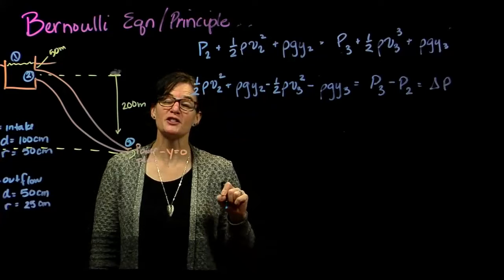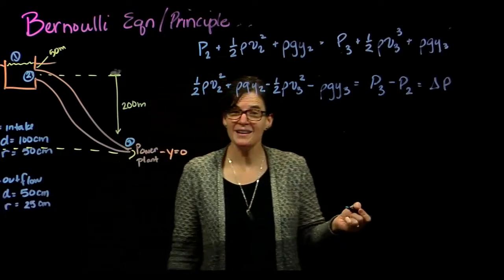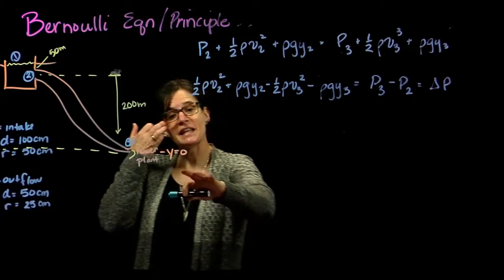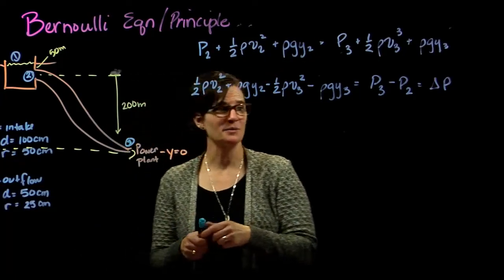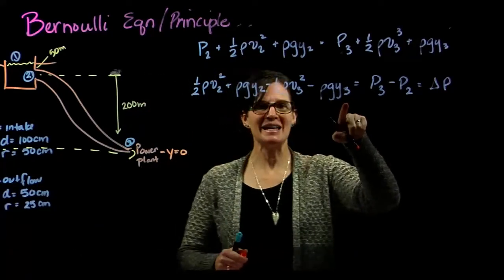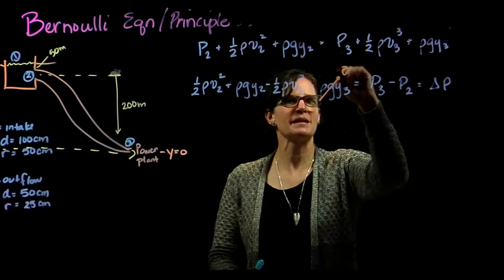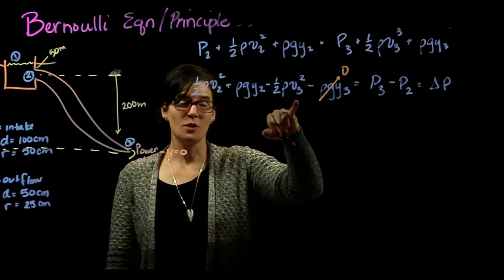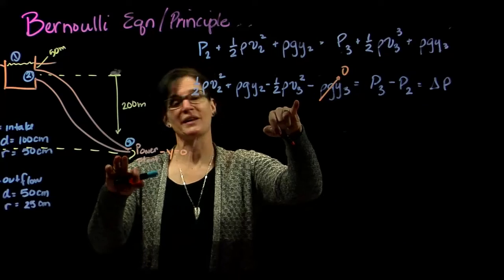All right, so now let's look to see if any of these terms go away based on how we've set up the problem. Well, we've set our reference point 0 at the bottom, so that tells us that the height at point 3 is 0, so this term is indeed going to go away. We solved for the speed at this point in the first part of the problem.